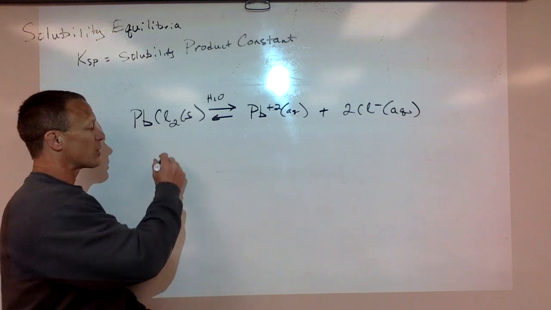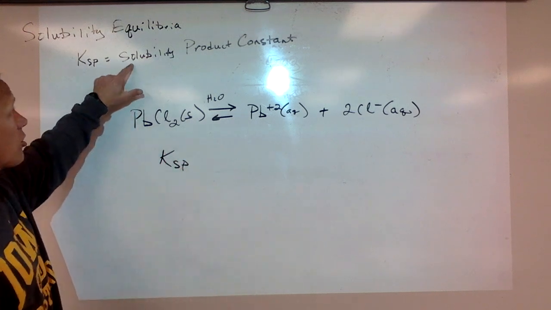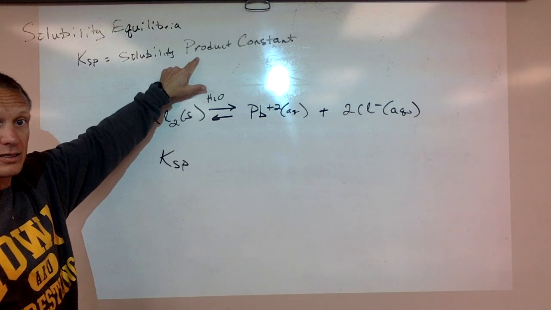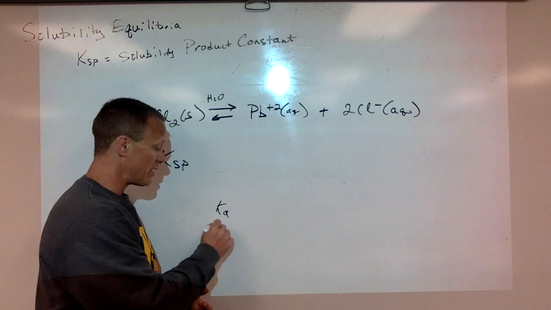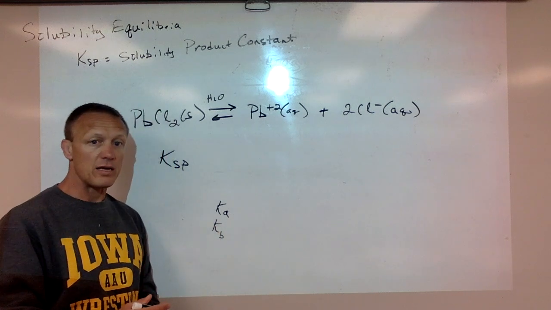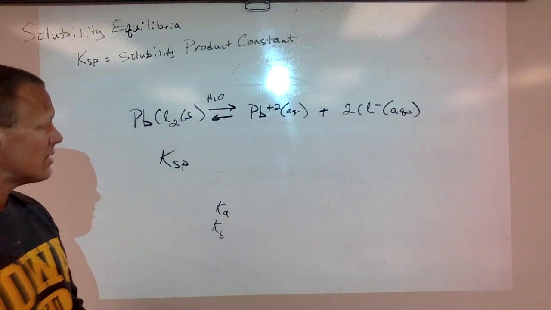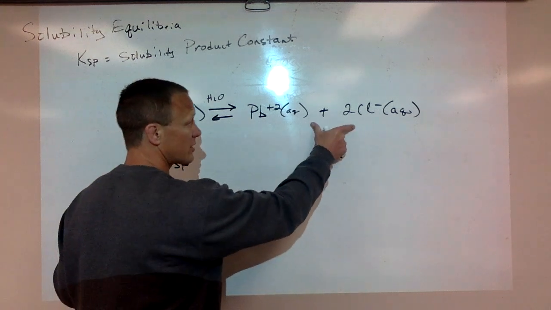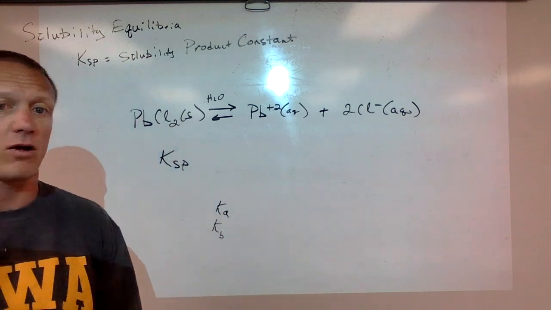So if we write the K expression here, in this case it's called the KSP expression, the solubility product constant. We had Ka for acids, Kb for bases, Kp, Kc, and this is K for solubility. Same thing, we always do products over reactants, but in this case our reactants will always be solids.